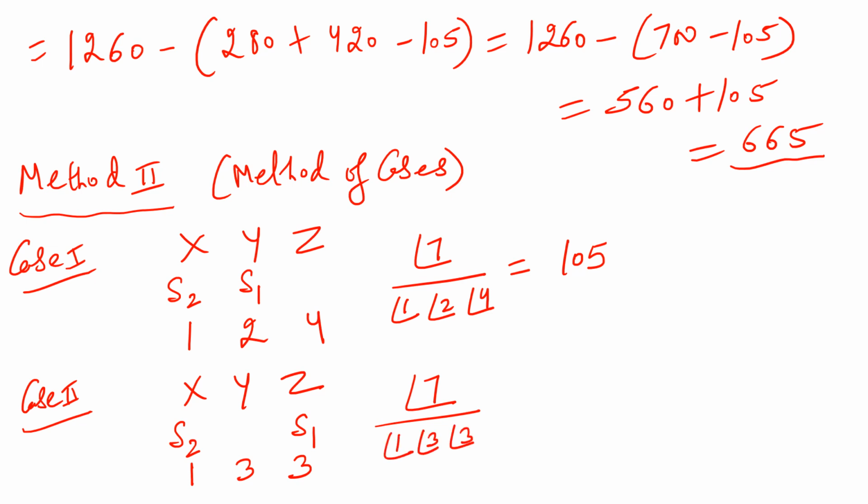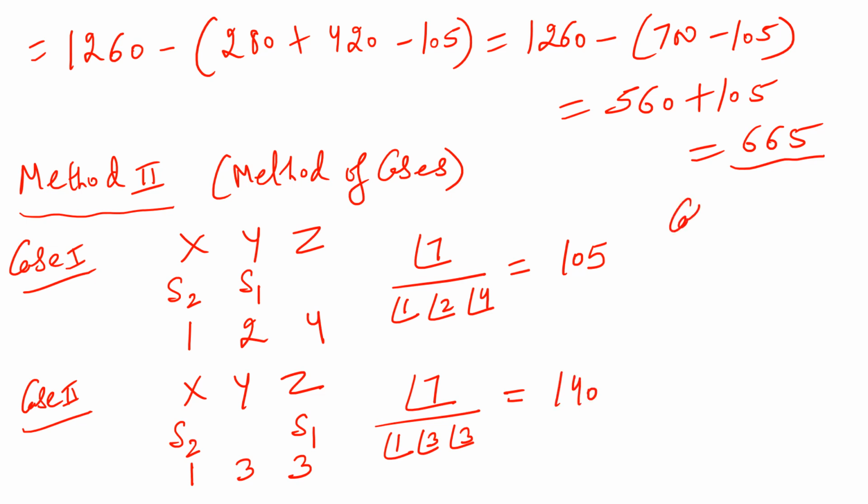Now students, again be careful, do not divide by 2 factorial here, because the number of elements in Y and Z are not the same, because Y actually contains 3 students and Z contains 4 students. So when you simplify this, you get 140.